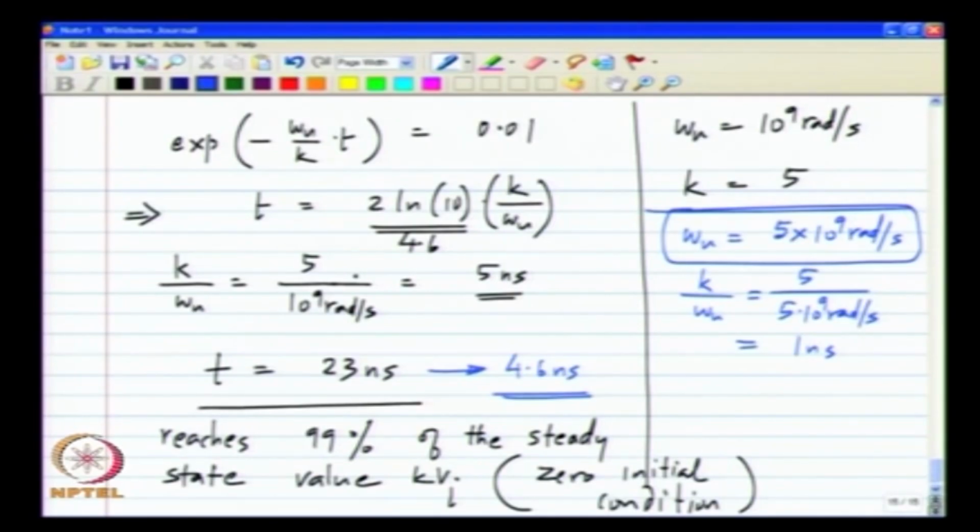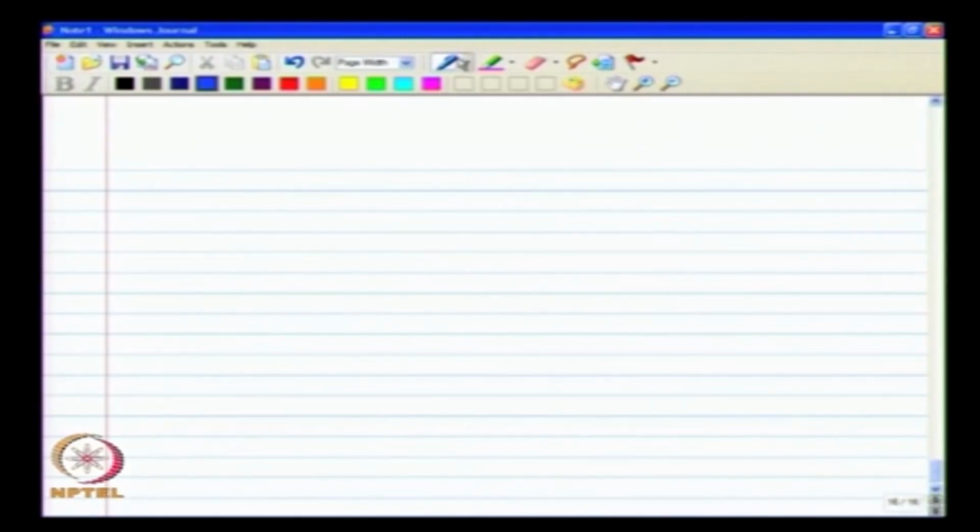I hope all of this is clear. So, what we have learned today is, first of all, how to make a negative feedback amplifier.